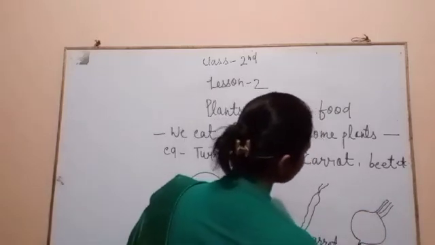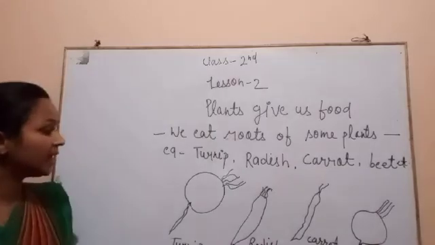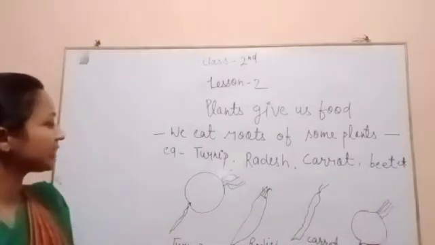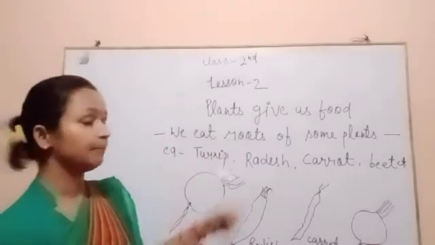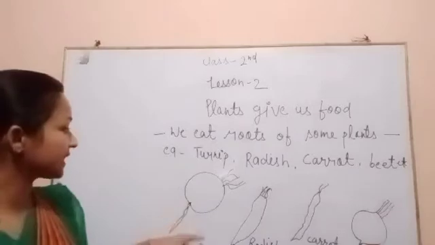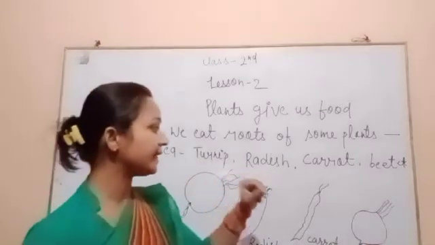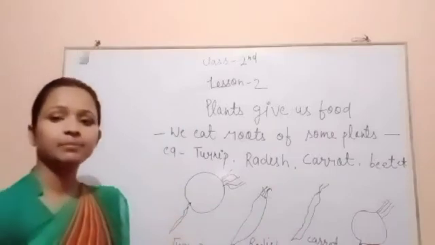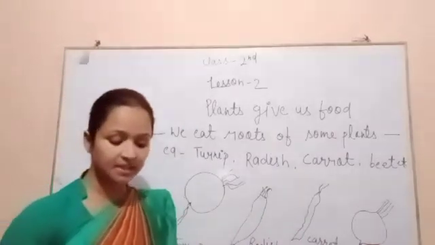So what are we using? We are using the root part. Some plants store food in their roots. Examples: turnip, radish, carrot and beet. So you can see the diagrams I have drawn here.